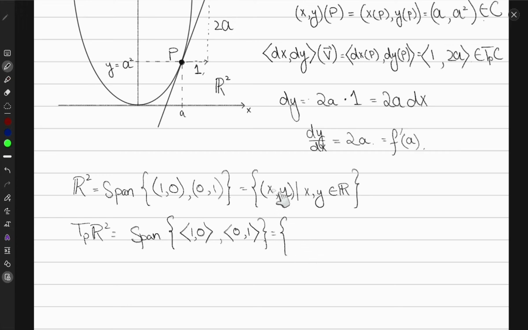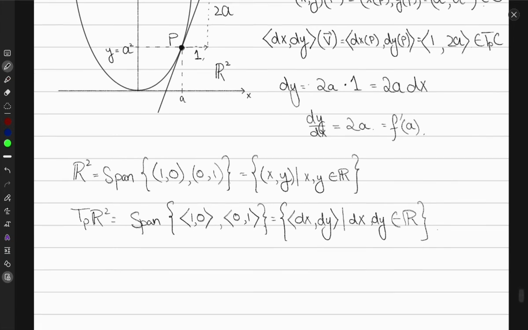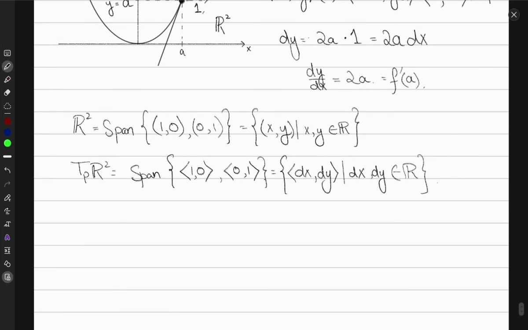That is just, again, in the same way, it is dx, dy, given that both dx and dy belong to the real space R. Wonderful, right? So now let's see what this means. If we can draw a picture we'll understand what it really means, right?